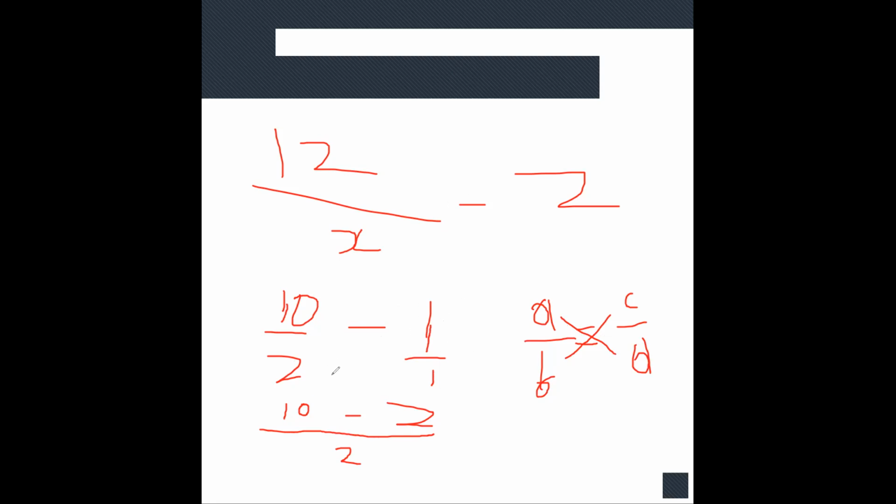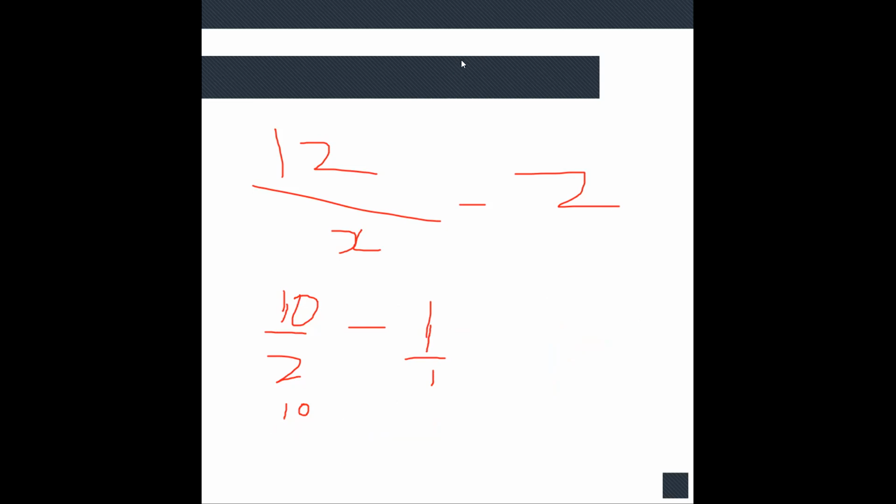Okay, so what you basically did here is make it so you could work with this 1 by changing it to the same denominator. And it's the same thing you do with the 12 over x minus 2. What you're actually supposed to do is multiply both the top and the bottom of this fraction by the denominator here.